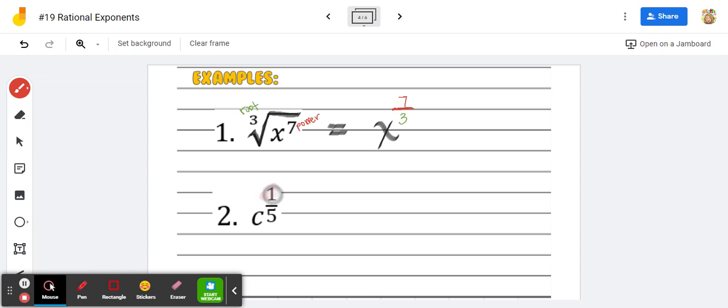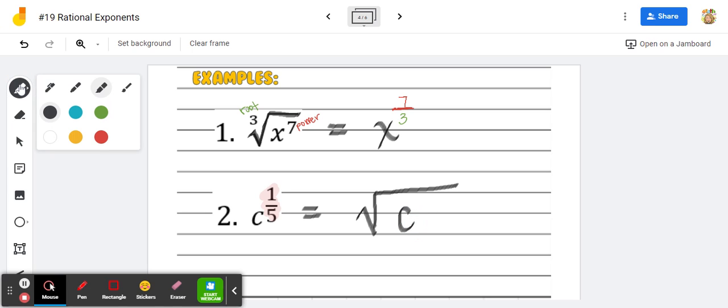In example 2, we're given a power with a fraction. So we are going to rewrite this as a root of some sort. All right, so let's figure this out. Our base is still going to be little c. Our power comes from the top, and that power goes inside with the base of c.